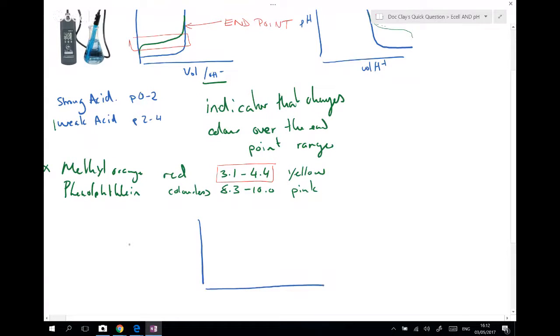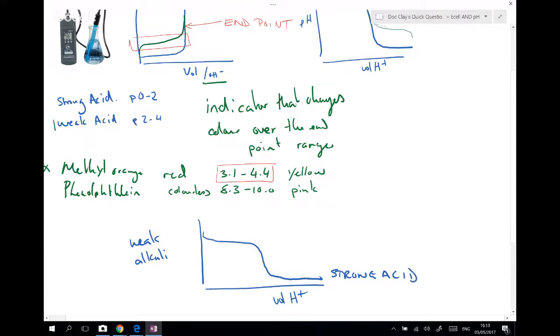So if we had a weak alkali and we had a strong acid, and we're adding a volume of H plus added this time, our weak alkali and strong acid will go like this, where we've got a weak alkali with a strong acid.